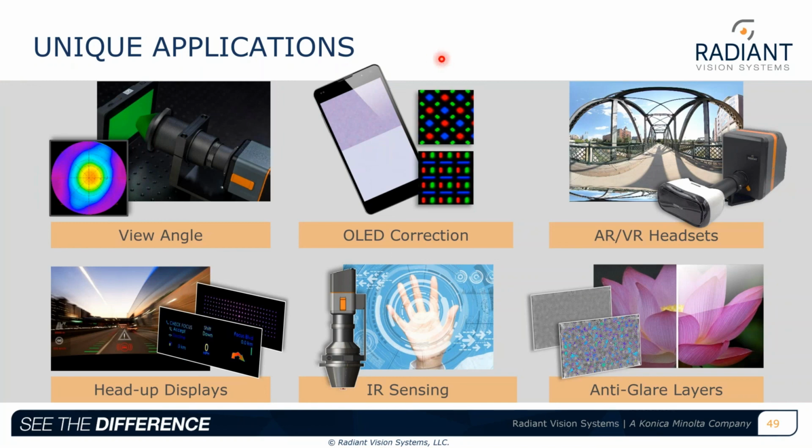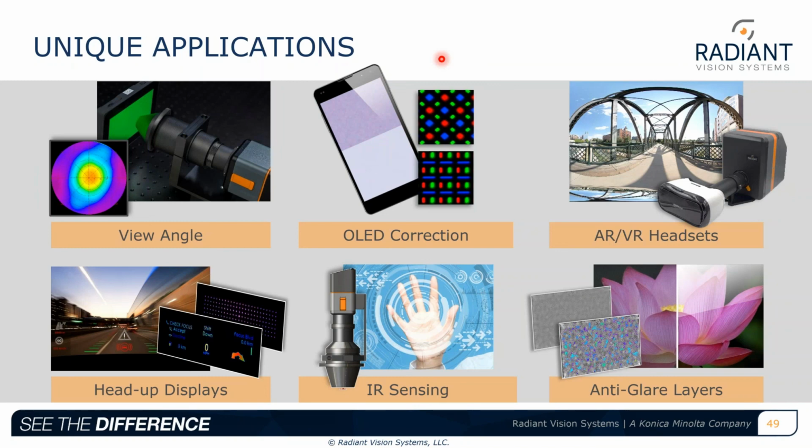Next is OLED correction. This is something really exciting that we've been involved in. With LCD before, if you had variation from pixel to pixel, there wasn't really much you could do about it because you had a backlight unit and an LCD layer, and you couldn't really control an individual pixel. But with OLED and also micro LED, each pixel is its own emitter.